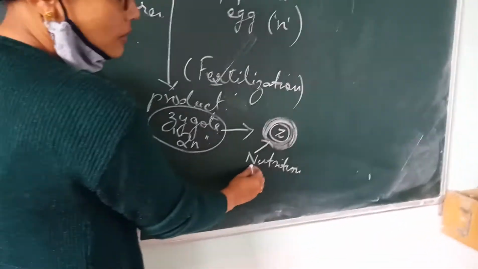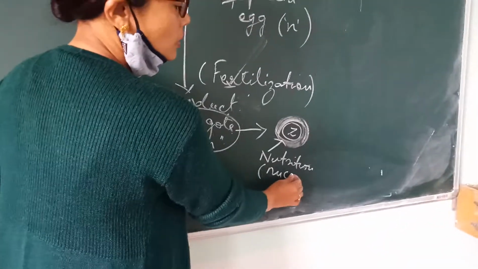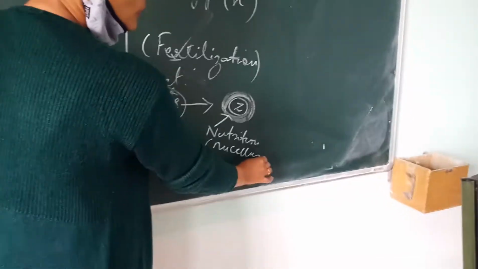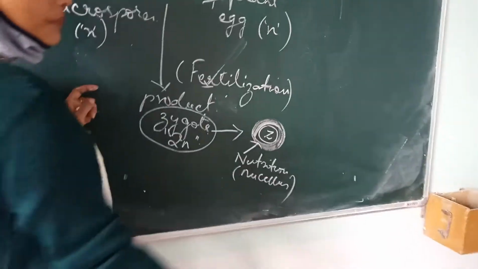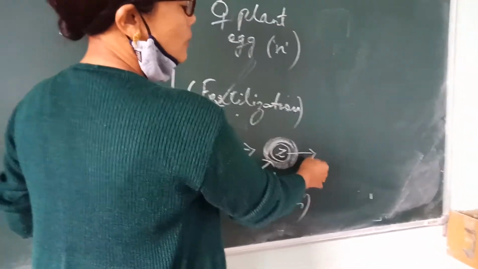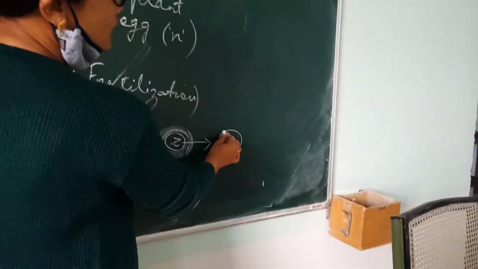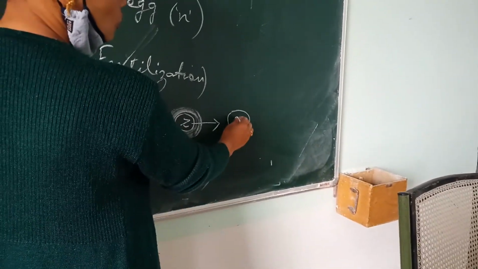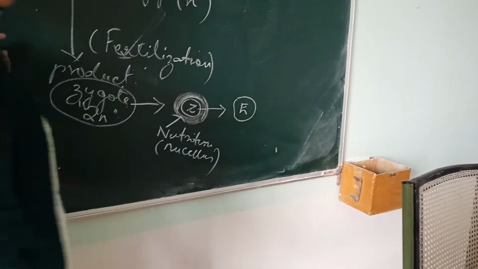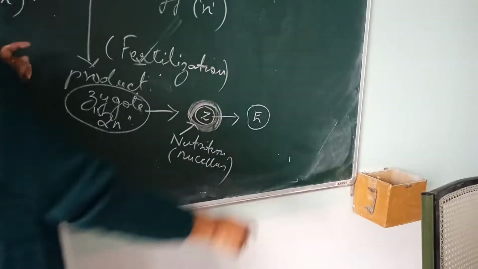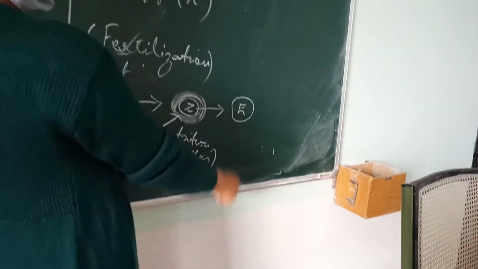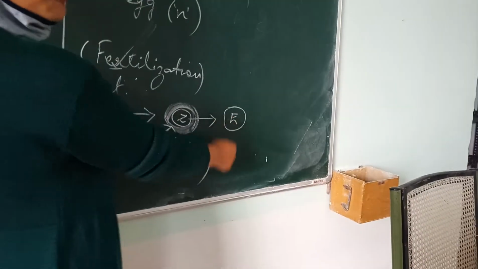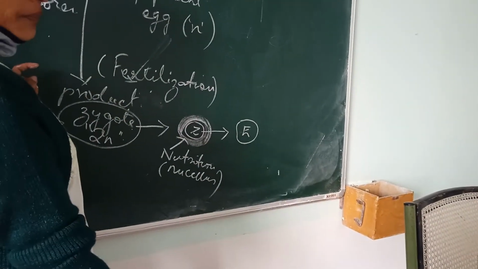And this nutritive tissue is always known as the nucellus. Then what happened to the zygote? The zygote will increase in size and it will give rise to what is known as the embryo. This embryo has all the genetic information to give rise to a new plant.